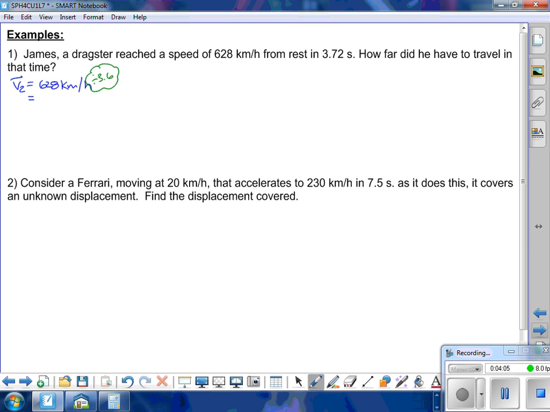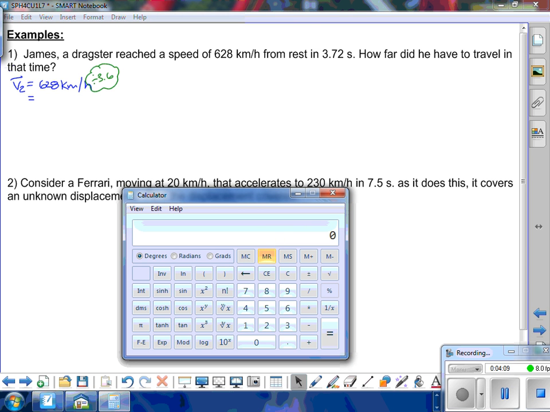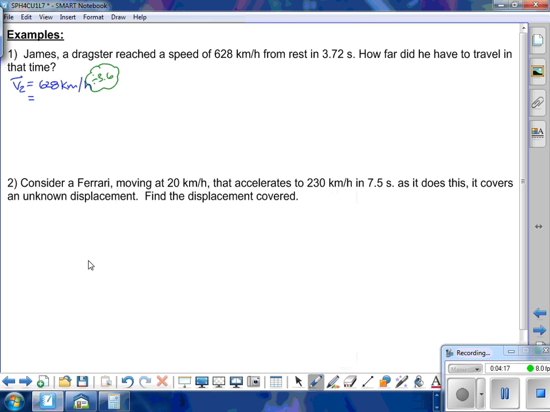That will convert into meters per second. So if we take the 628 and divide by 3.6, you get 174.4 meters per second. So that's the final velocity. We know the time, 3.72 seconds. And we want to know how far did he travel, so d is the unknown.